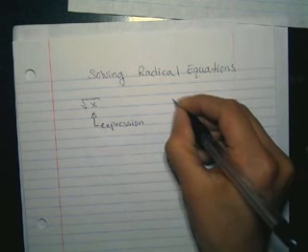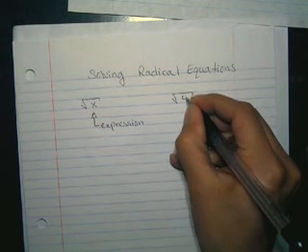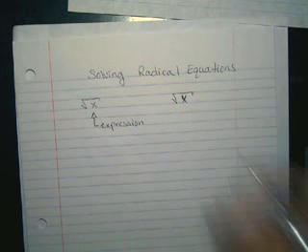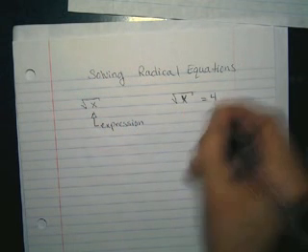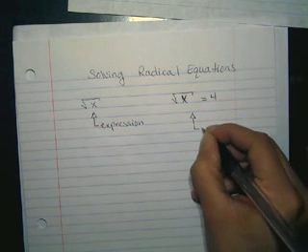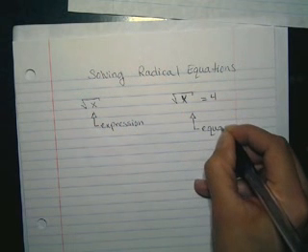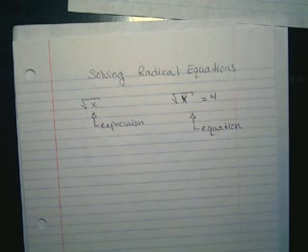And then an equation would look like radical x equals 4. This is an equation. Okay. And you guys probably have experience solving radical equations from last year, solving for x.